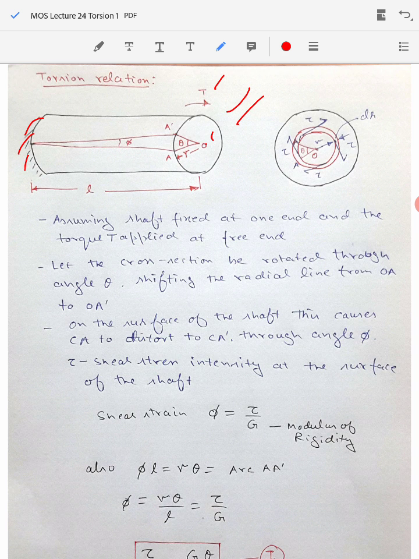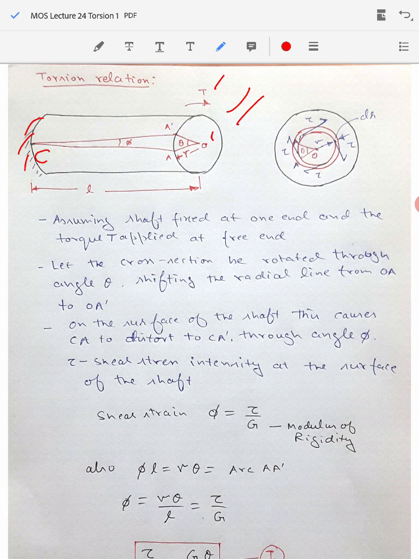Because of this shift in the radial line, this will cause also the filament, let's say this is point C here, so from CA it gets rotated to CA dash by an angle phi. So on the radial part the deformation is from OA to OA dash by angular deformation theta, and on the surface part the filament CA gets moved to CA dash.